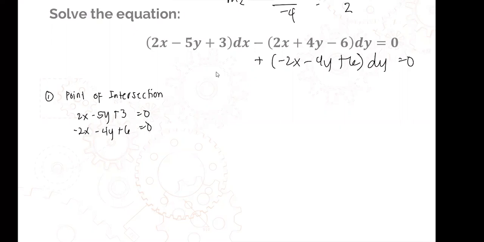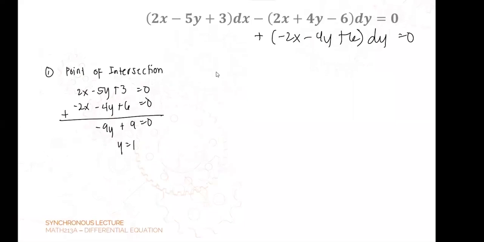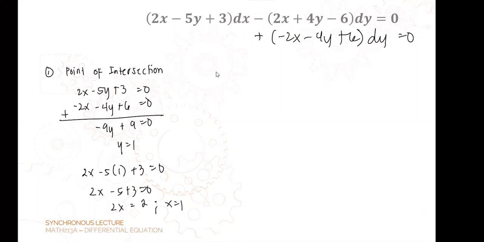So since parang mas madali mag-add na lang to, makukuha tayong negative 9y plus 9 is equals to 0 or y is equals to 1. Then sa x natin, so 2x minus 5y times 1 plus 3 is equals to 0. We have 2x minus 5 plus 3 is equals to 0. We have 2x equals to positive 2. So x is equals to 1. So yung point of intersection natin is 1, 1.